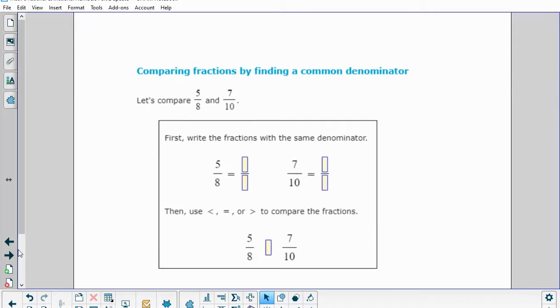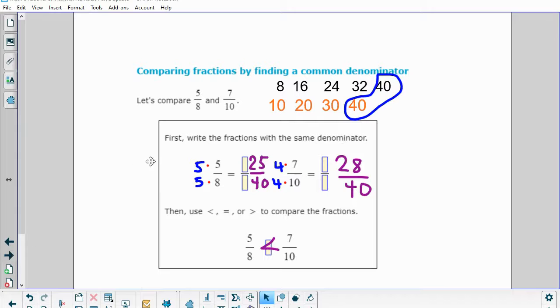If we try another one, we notice we've got 8 and 10, so what would be a common denominator there? Well, we have to go out a little bit further. It's a little more difficult to find it, but we take the multiples of 8 and the multiples of 10 out far enough until we find a common one, and we notice that 40 is the number we're looking for. So we have to multiply our fractions by numbers that will create a common denominator of 40.